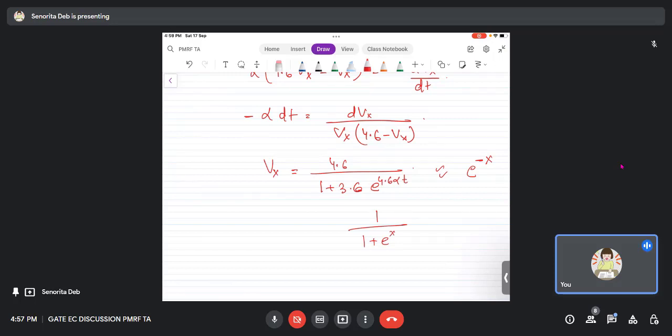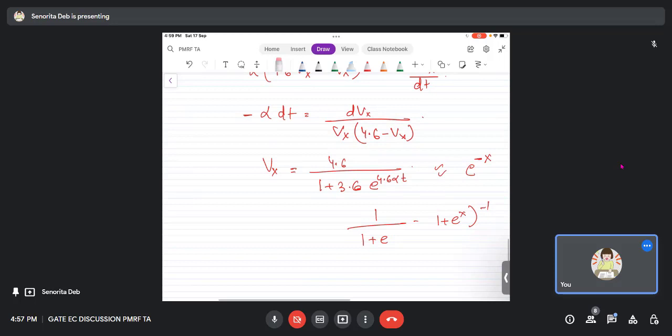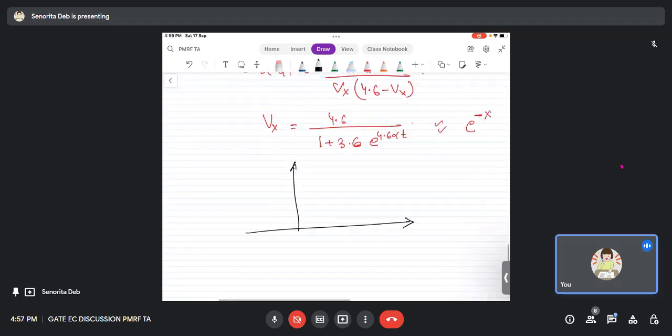This is basically in the form of like this, the inverse, so negative form. What will happen if you put 0 in place of t? You get 1 volt. So Vx at 0 is 1 volt and Vx at infinity is 0 volts. Somewhere at infinity it will reach 0. This is Vx with respect to t.